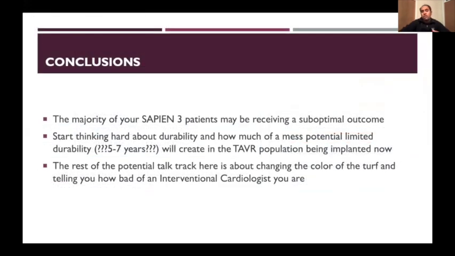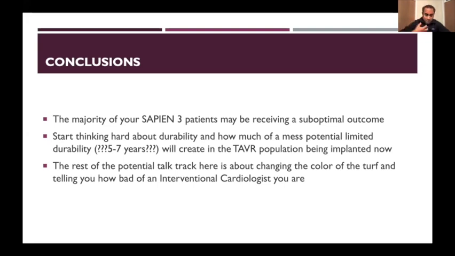I think the majority of your SAPIEN 3 patients may be receiving a suboptimal outcome, because if you look at PARTNER 3, a third of them got a 20 or a 23 millimeter valve. And that's just not a good thing. As I presented over and over again in the TVT registry analysis by Herrmann, the dimensionless indices that we saw in that paper by Hahn, and then of course the more recent analysis by Reardon, having smaller diameter annuli in intra-annular fashion is generally not a good thing.